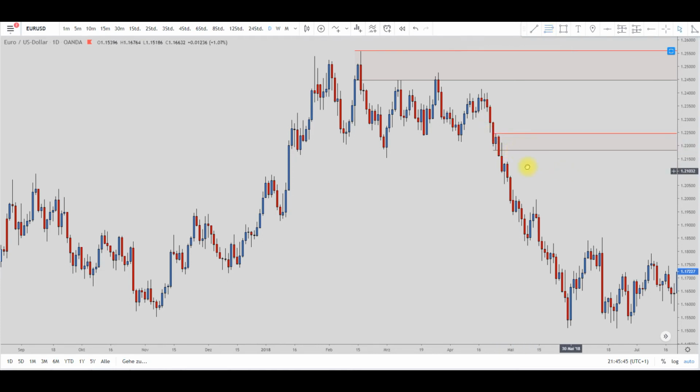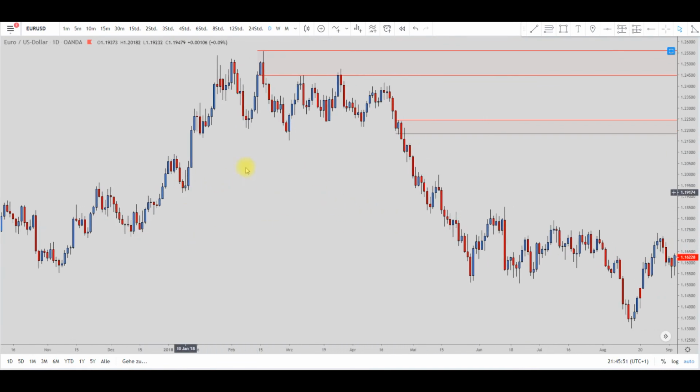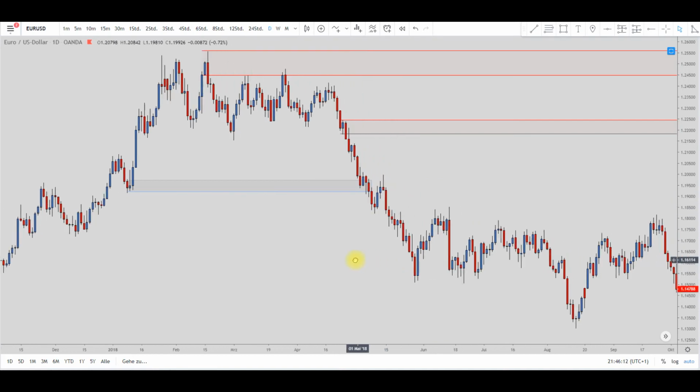supply, took out a few levels on the left side just to see how that works out. See, this level was the supply that took out this level. We tested it right away and went further down.